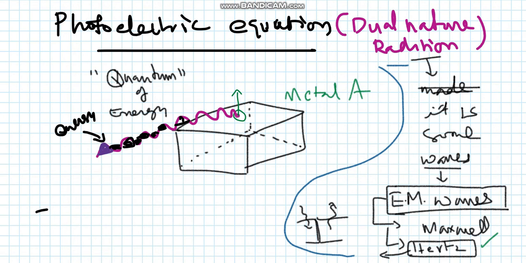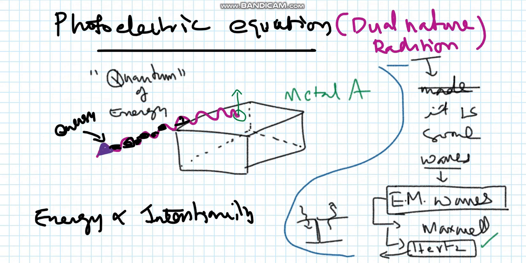That is, energy according to the classical theory is proportional to the intensity of the wave, and everywhere in space there is some intensity associated with the wave. So it's a continuous thing. From here to here you have energy.